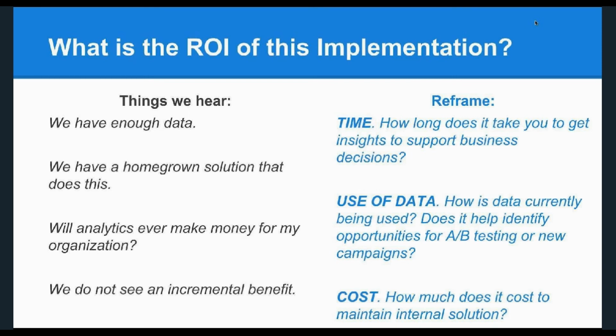Next one is use of data. How is data currently being used? This is very important. Data can help us accomplish something, such as an increase in ROI. It can help us drive more traffic. But does it help us identify opportunities?